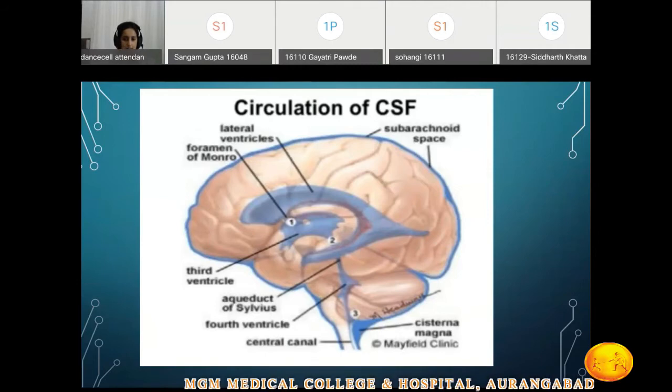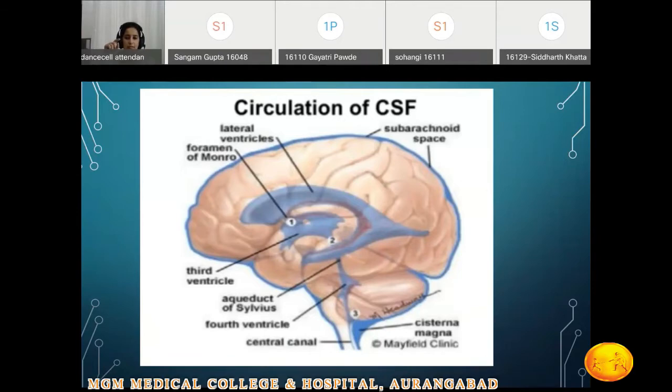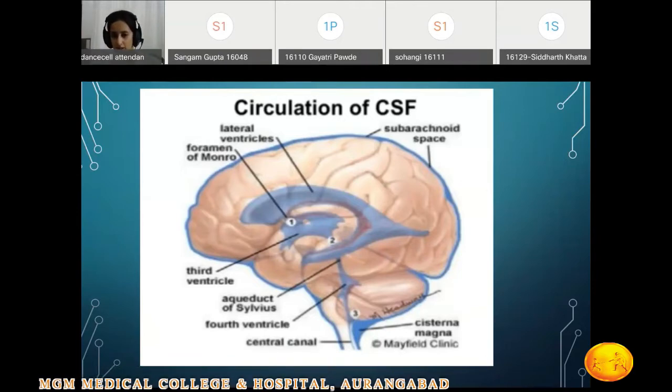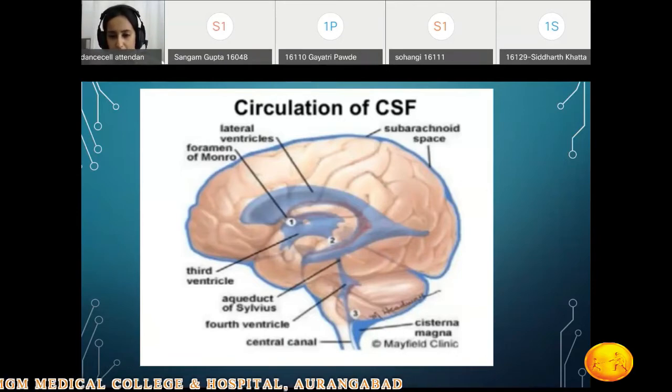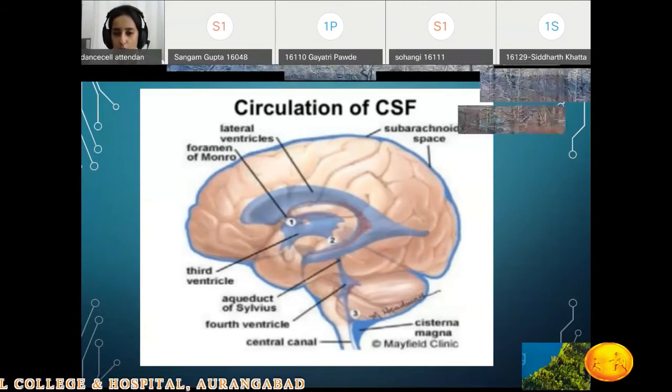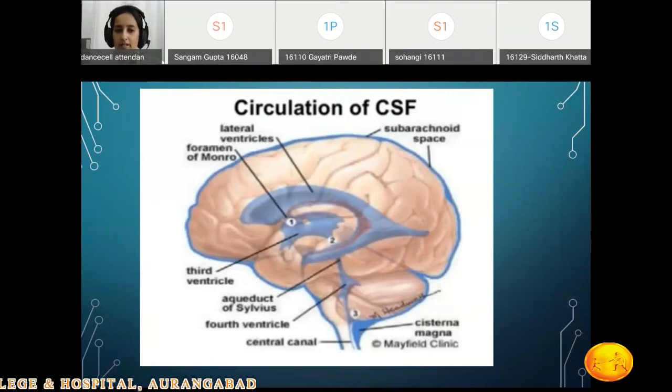Then it drains into the fourth ventricle, then into the subarachnoid space, and also into the central spinal canal. And the flow is maintained. From the subarachnoid space, it is again absorbed into the blood, and from blood, it is again secreted by choroid plexus into the ventricles.